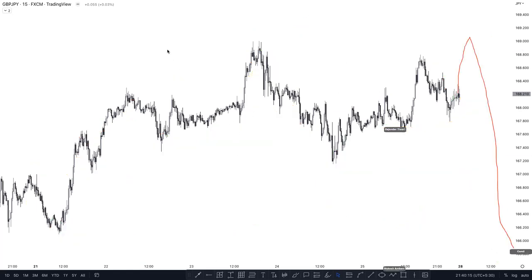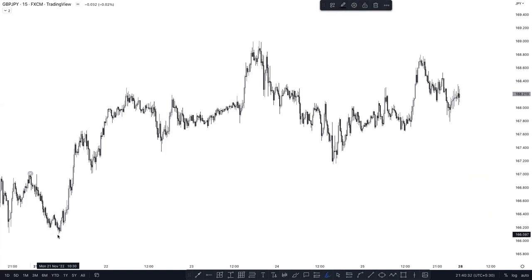Okay, perfect, everyone. So this one is our higher high, higher low, higher high, higher low. Again, the structure is creating like this.